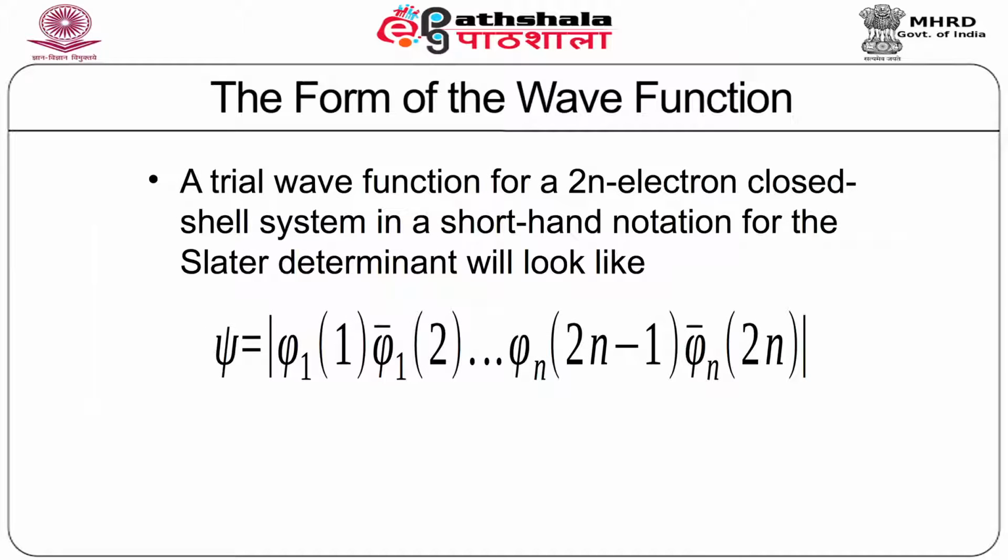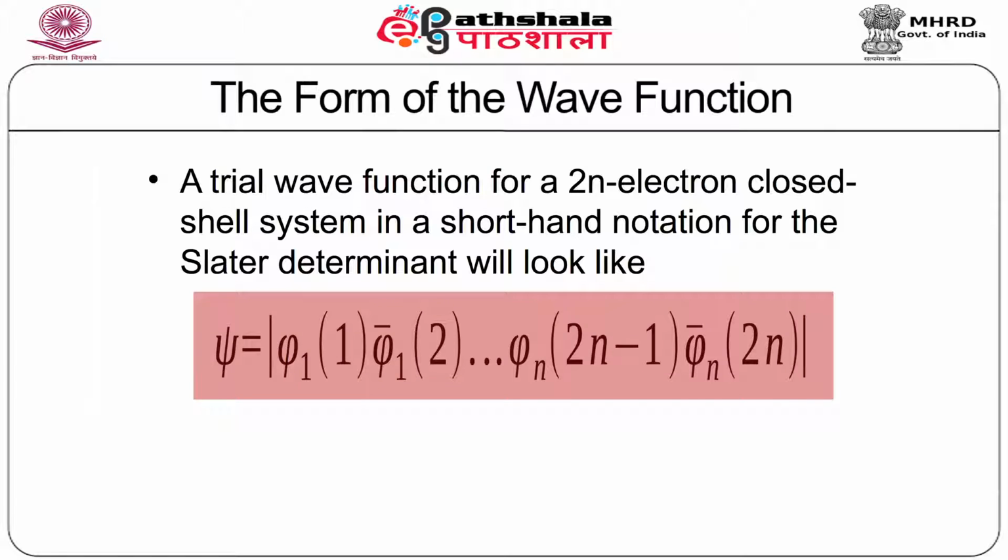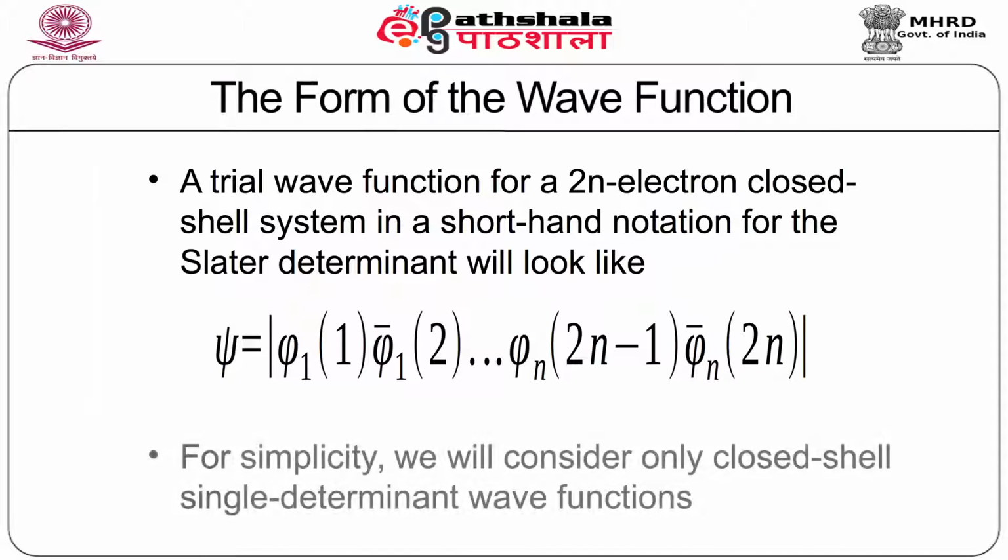A trial wave function for a 2n electron closed shell system in a shorthand notation for the Slater determinant will look like as shown on the screen. For simplicity, we will consider only closed shell single determinant wave functions like this.